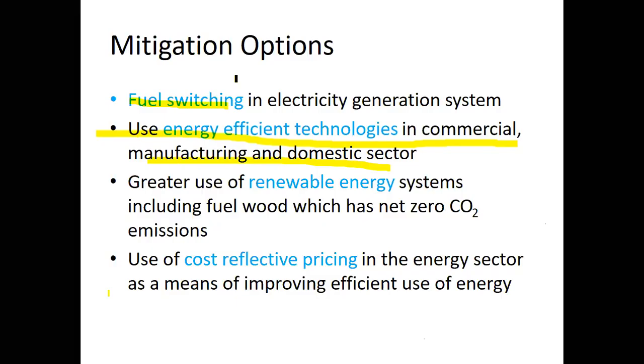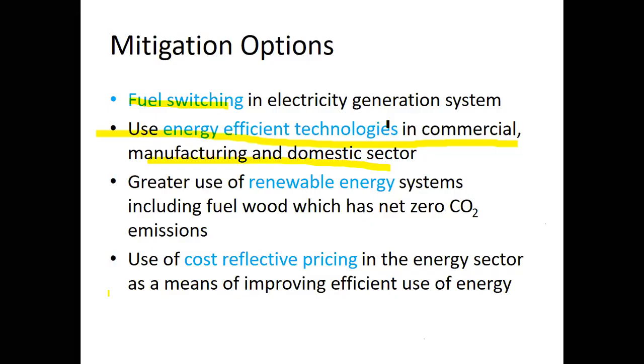So if we use energy efficiently, we can reduce the consumption of those fossil fuels. So the second option is to use energy efficient technologies. What are the energy efficient technologies? You can give some examples.